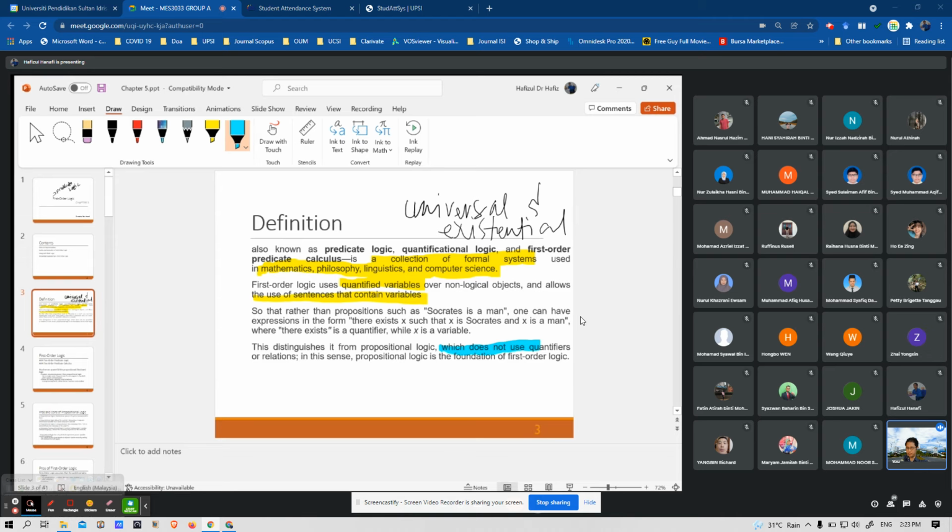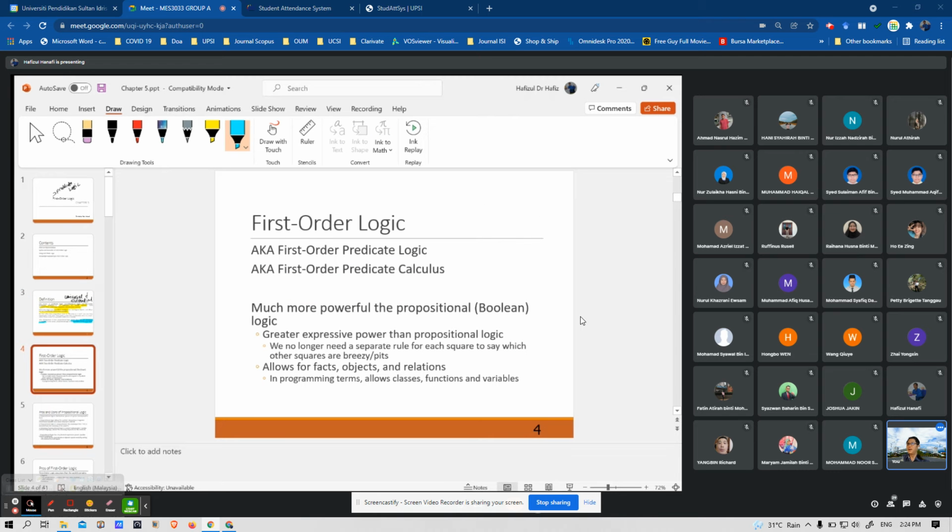Okay, it does not use quantifier or relation. Propositional logic is the foundation of first order logic. We have two names here. First, we can name it predicate logic, and secondly, first order predicate calculus.